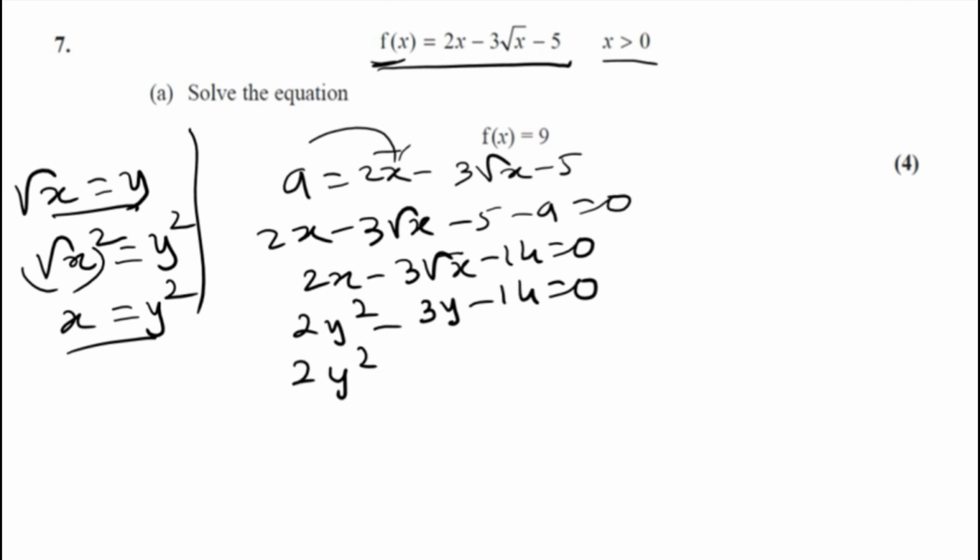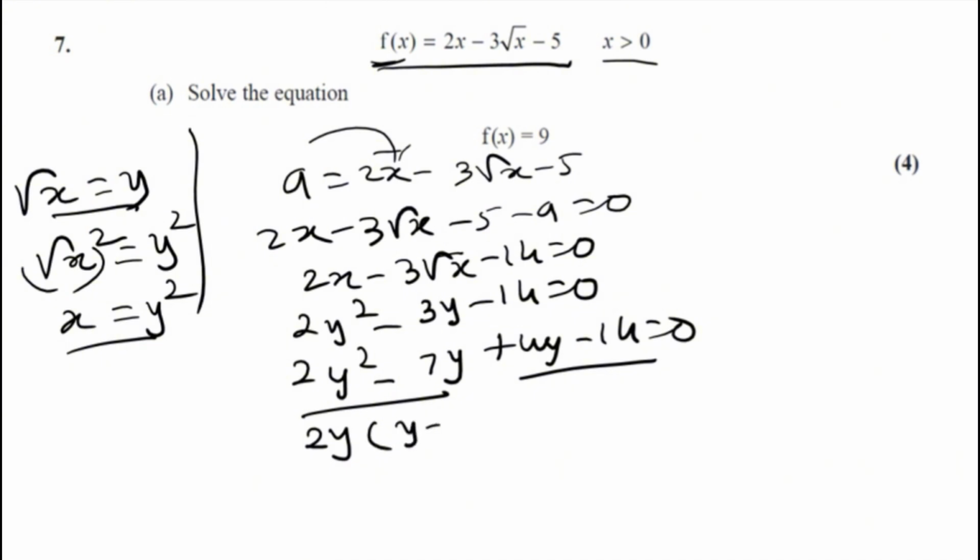So 2y squared minus 7y plus 4y minus 14 is equal to 0. Make a group, 2y common, so y minus, nope, we can't make it, only y is the common thing here.